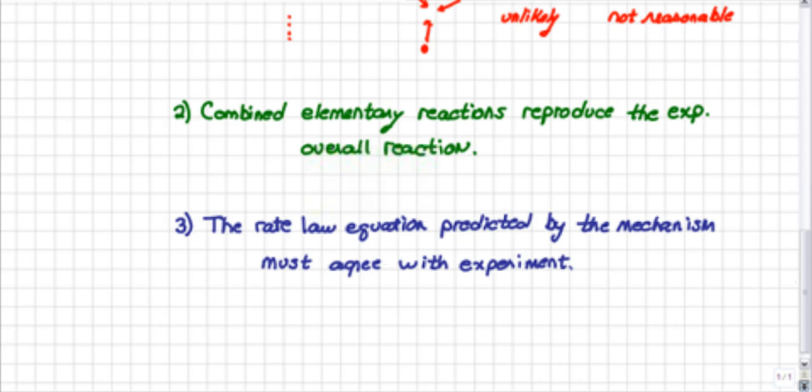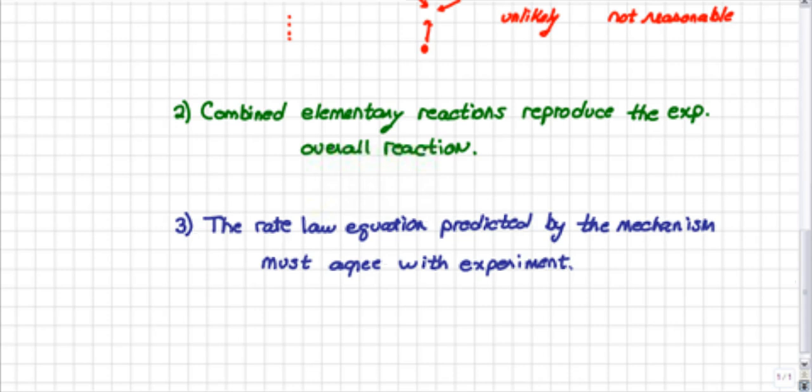Now, there are just these 3 tests. If a mechanism passes all 3 tests, then we can assume that we've got a mechanism that is likely correct.